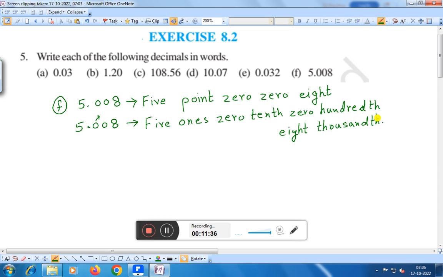Right? This is the method. You can write the decimals in words in two methods. Both the methods are correct.